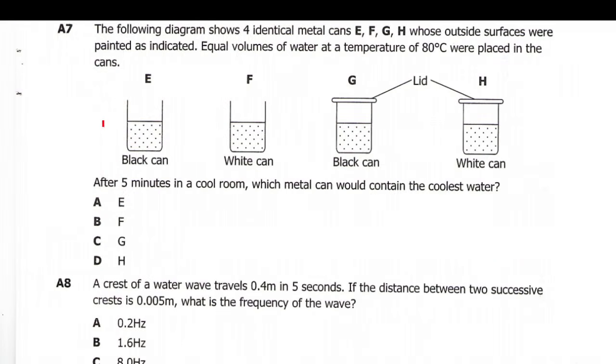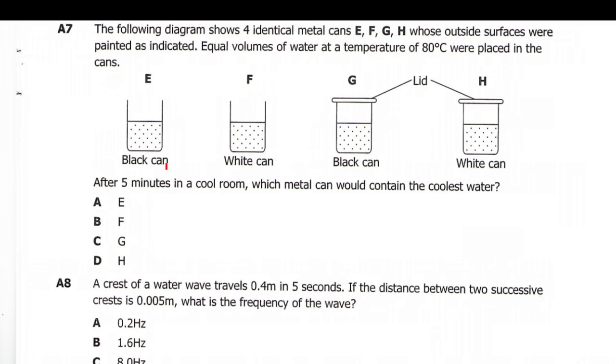B. Then let's go to 7, which reads, the following diagram shows 4 identical metal cans E, F, G, H, whose outside surfaces were painted as indicated. Equal volumes of water at a temperature of 80 degrees Celsius were placed in the cans here.